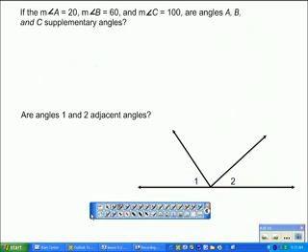If the measure of angle A equals 20 degrees, and the measure of angle B equals 60 degrees, and the measure of angle C equals 100 degrees, are A, B, and C supplementary angles? Yes or no? What's the prerequisite to be supplementary?